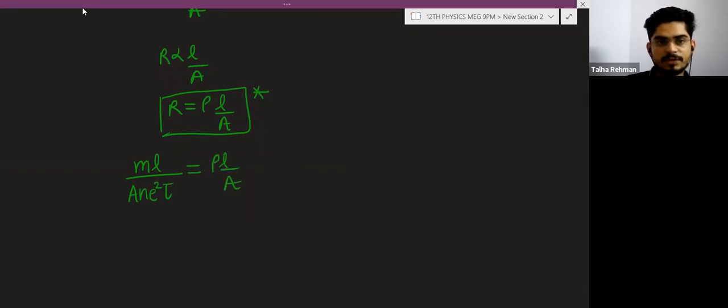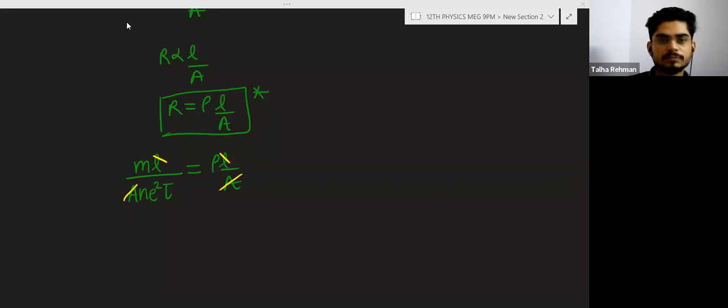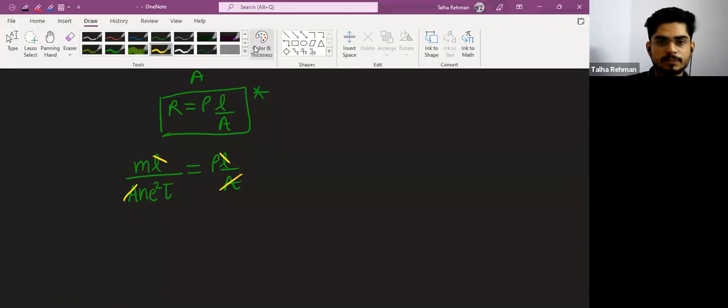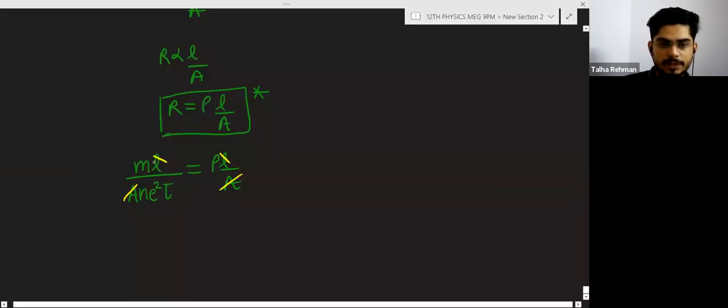Now apply the formula of resistance here. We have R is equal to m l divided by n e square tau, and this is rho L by A. So from here we can find rho in terms of mass and relaxation time. This L and this L cancel out, this A and this A cancel out. So rho is equal to m upon n e square into tau.